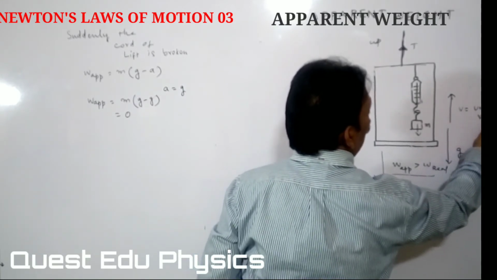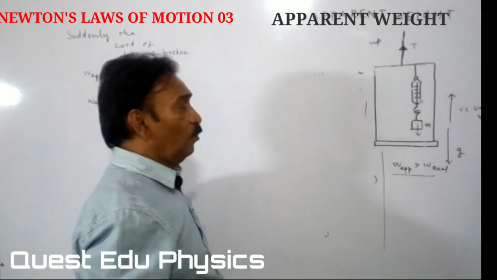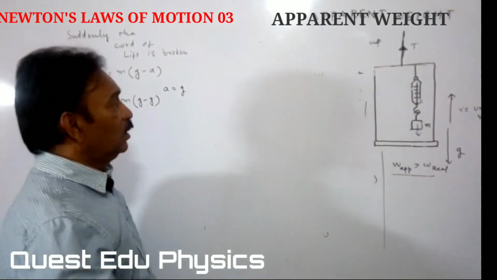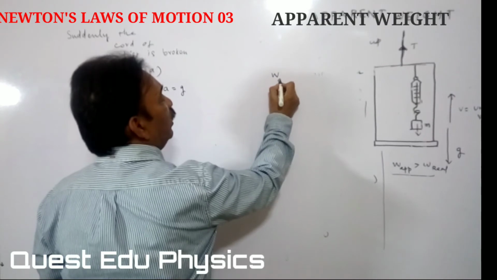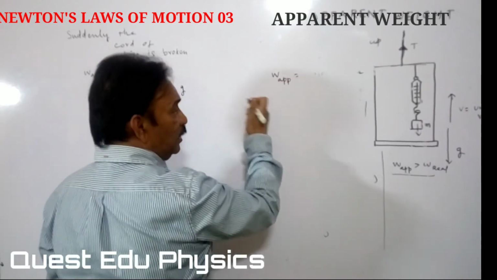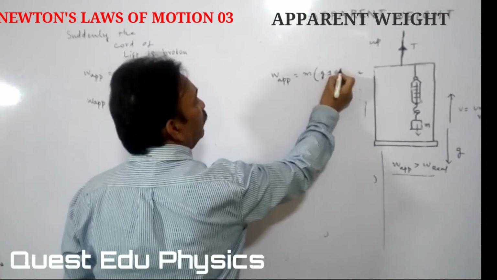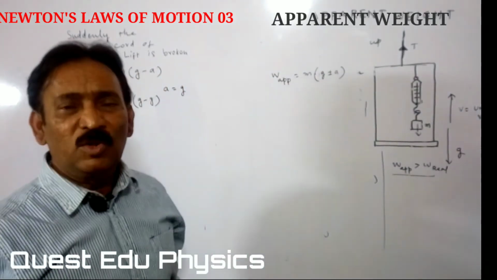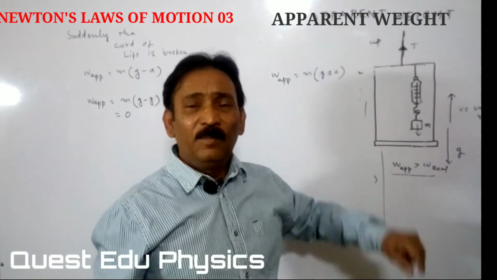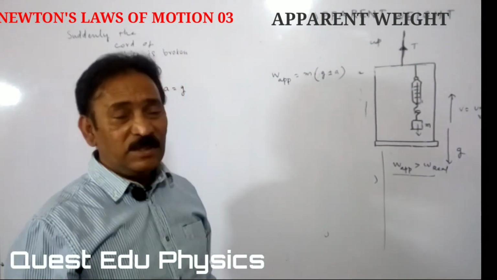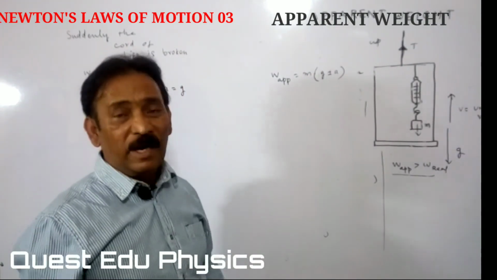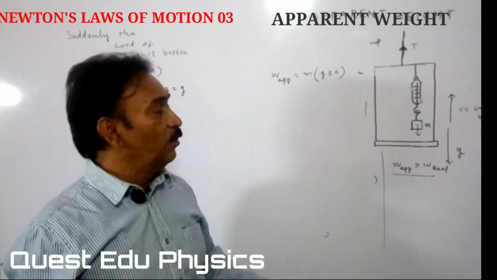What happens to the lift? Generally W apparent can be written, by considering these cases, as m(g plus or minus a). While moving up we take it as m(g plus a). When coming down we write it as m(g minus a).